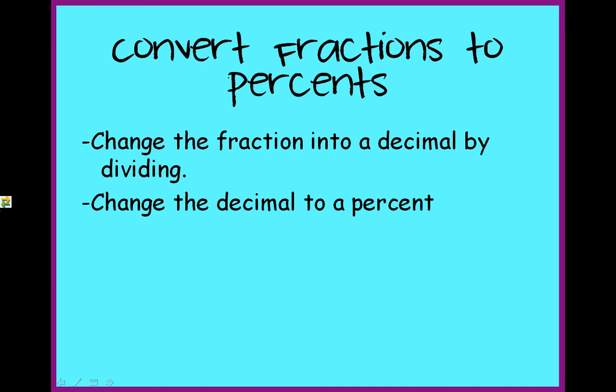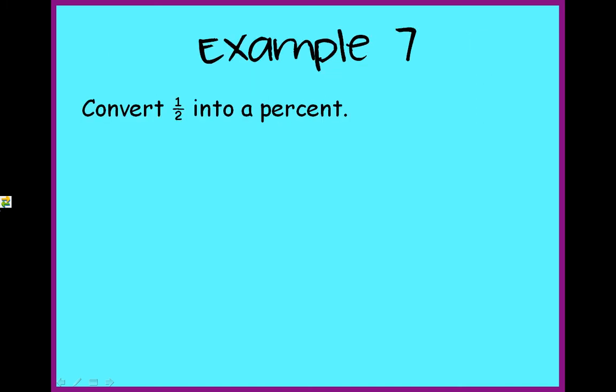Okay, well, what happens when you have a fraction and then you have to change it to a percent? First thing you're going to have to do is change that fraction into a decimal by dividing. And then you can take that decimal and change it to a percent. So you kind of have 2 steps here. Okay, so what if we want to convert 1/2 into a percent? First thing you have to do is change it to a decimal.